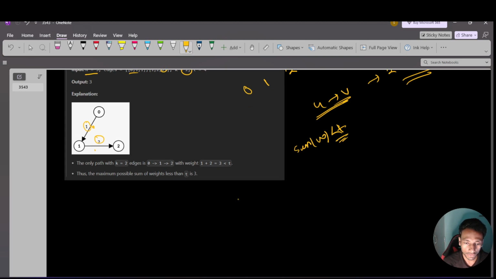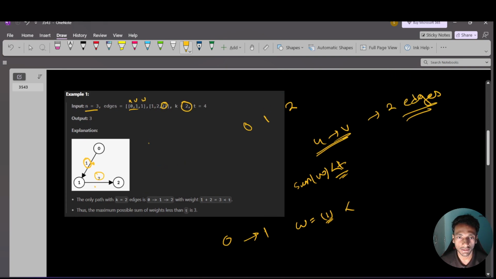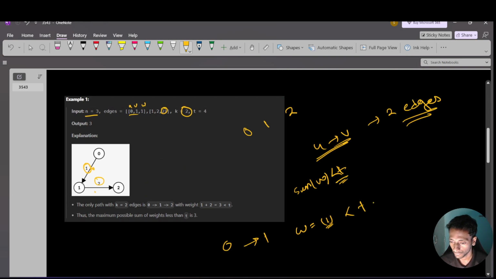Suppose I want to reach from 0 to 1, so u is 0 and v is 1. We have to find all the paths. From 0 to 1 there is only one path, and its weight is 1. This is less than t, where t is 4. Yes, less than t. Got it? This is correct. Another condition was how many edges there are.